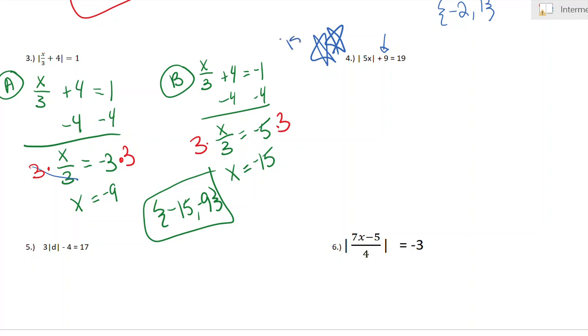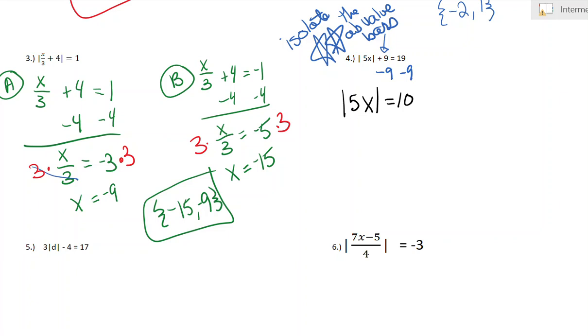We need to isolate the absolute value bars. Before I do the A and the B, I need to make sure there's nothing on the outside of those absolute value bars. So to start this problem, I'm going to subtract 9. Then I get the absolute value of 5x equals 10.